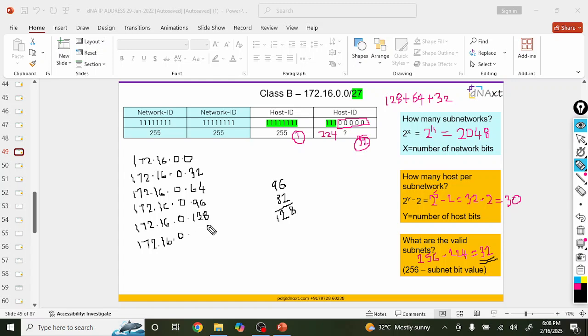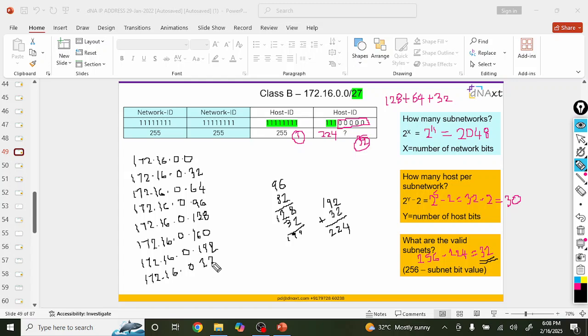Then 172.16.0, again adding 32, that will come out as 160. Adding 32 again gives 192. The next subnetwork will be 172.16.0.192 plus 32, that will be 224.